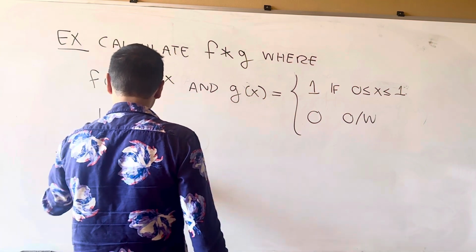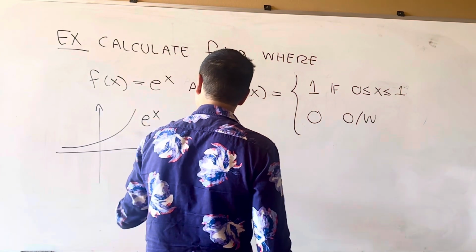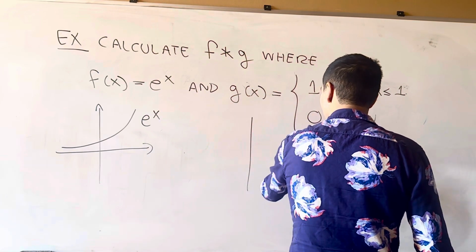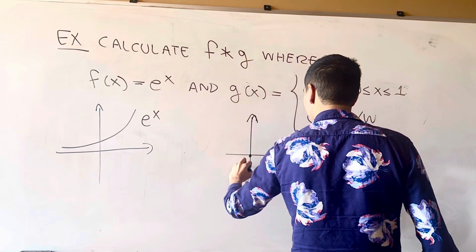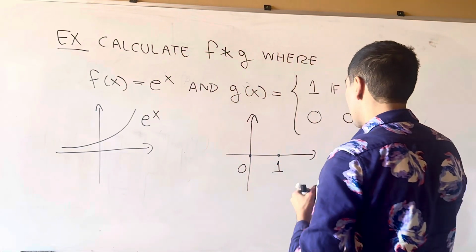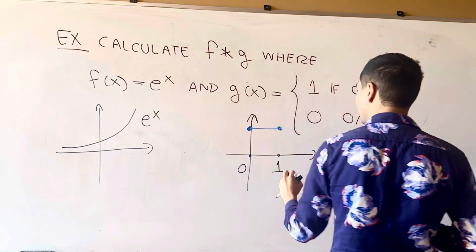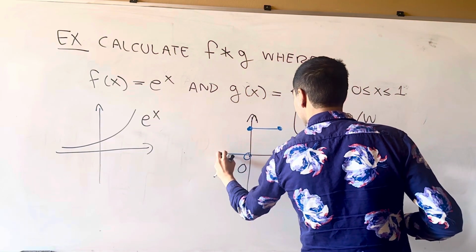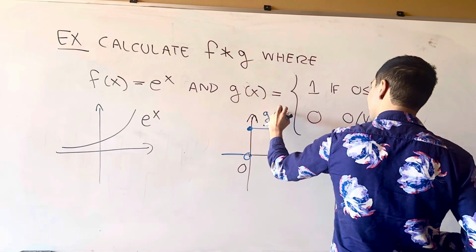So once again, f looks like this exponential function, and g, between 0 and 1, is just 1. So here it is 1, and outside it is 0. So that's g of x.